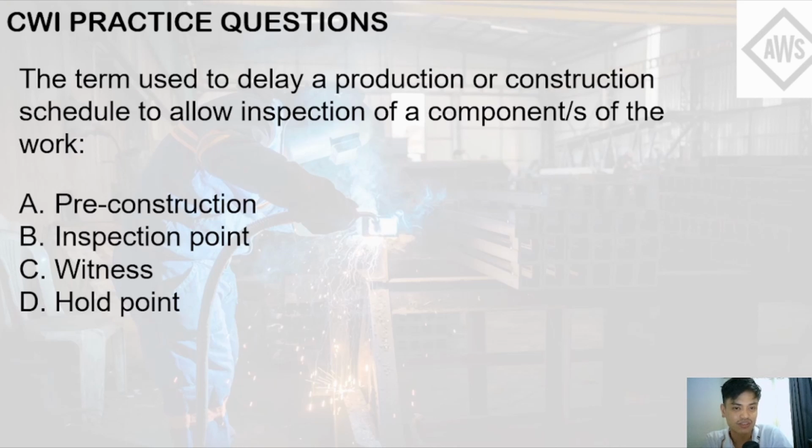Pre-construction doesn't align with what the question is asking for. Inspection point is a more general term for this one. Witness is one of the points indicated in the inspection test plan. D, hold point. Basically, this is the answer. It delays the production or construction schedule to allow inspection of a component.